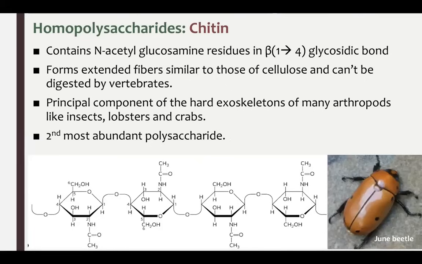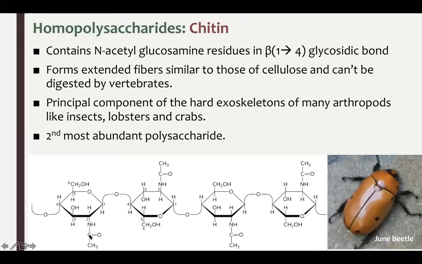Okay, next comes chitin. Chitin is another homopolysaccharide, but if we look at the structure, it is a derivative of a monosaccharide. Here you can see the acetyl group and the N. This monomeric unit is called N-acetylglucosamine, because this is the glucose molecule, at the number 2 position there is an amine group or nitrogen group, and an acetyl group is linked here.